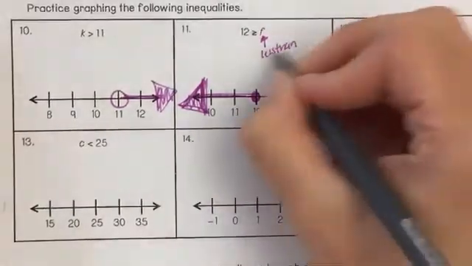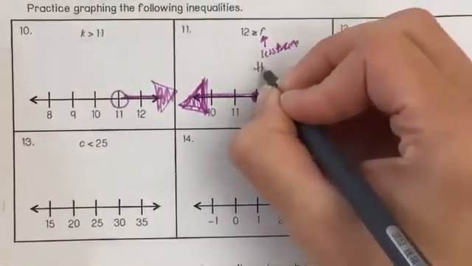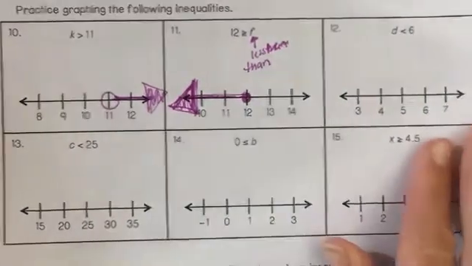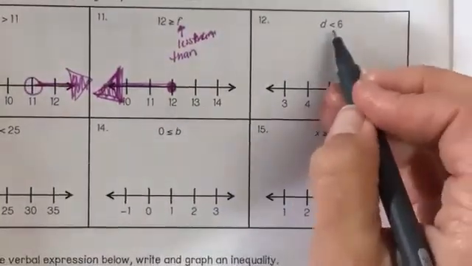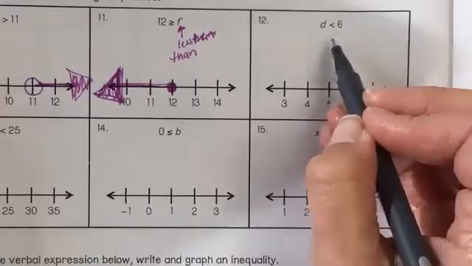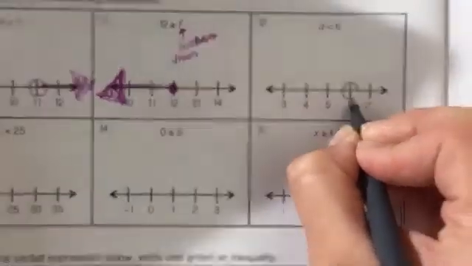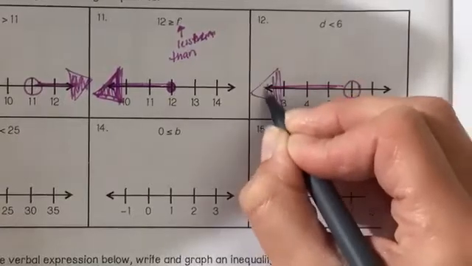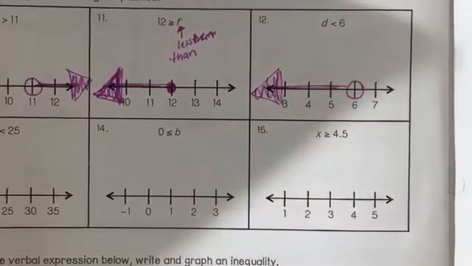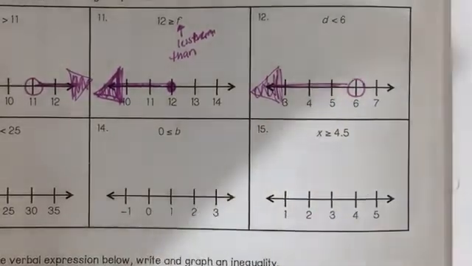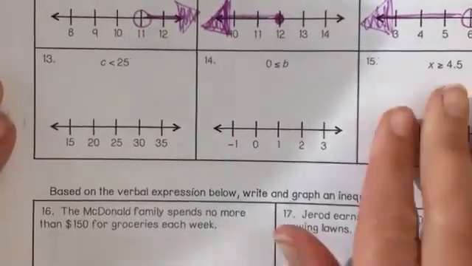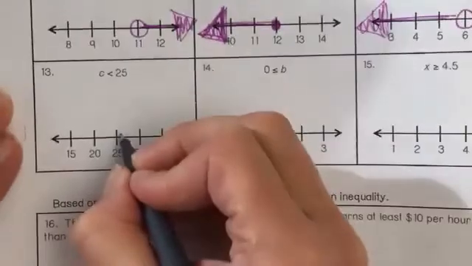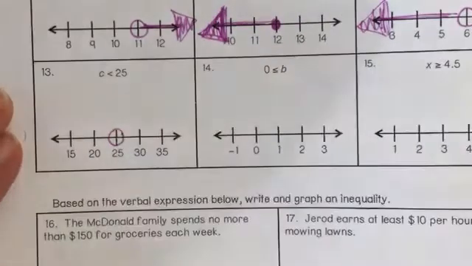Sorry, that's really hard to read. Less than. F is less than 12. D, or number 12, D is less than 6. So an open circle on 6, less than 6 are all the numbers to the left. Number 13, I would have an open circle on 25, because it does not include 25.